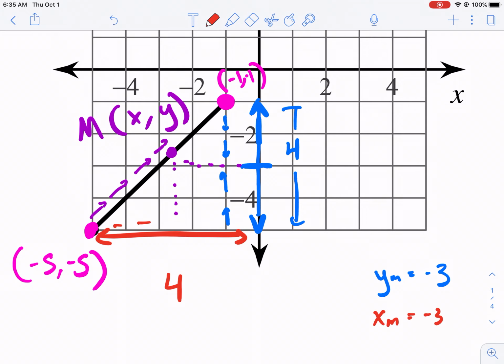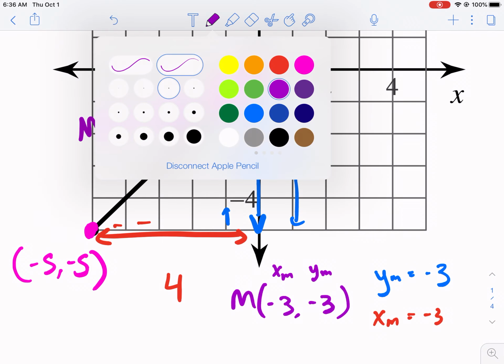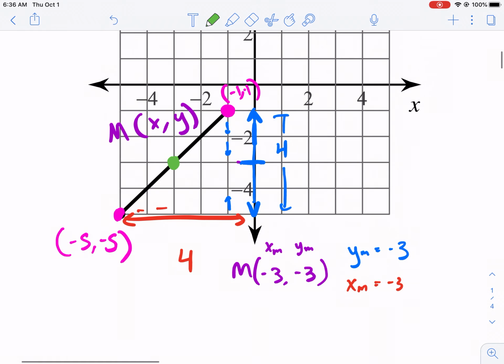Now, all we have to do to get our midpoint is put our x midpoint and our y midpoint together. So we get -3, -3. I was wrong in my earlier prediction. It's going to be at -3, -3, this point. If you look here, it's clearly the midpoint of these values.